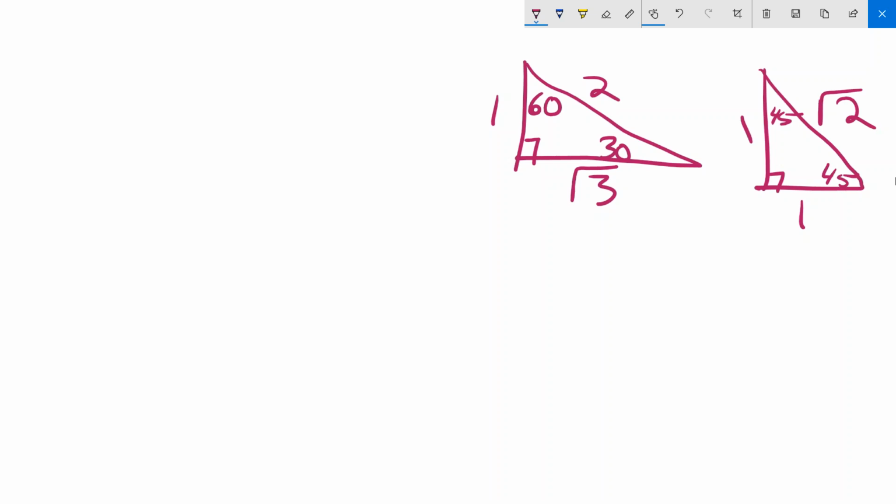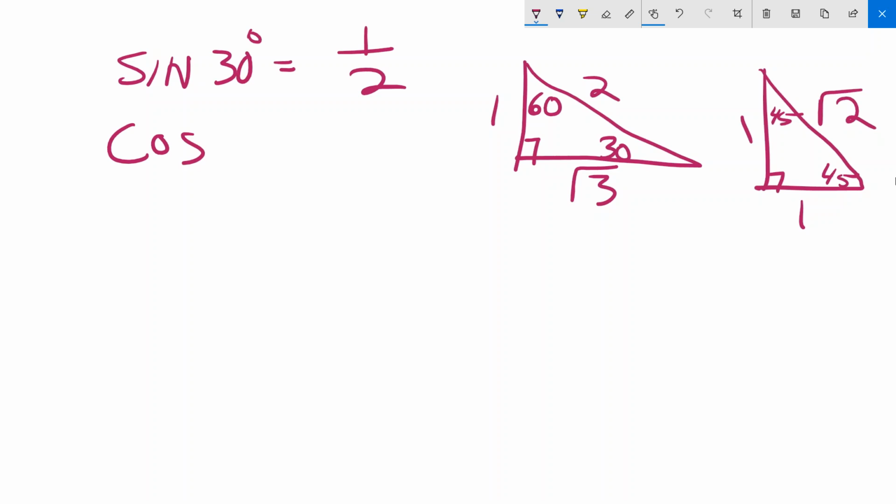So, if I said to you, the sine of 30 degrees is what? What's the cosine of 30 degrees? No, cosine of 30 degrees. Okay. So now if I said to you, what is the inverse sine of 1/2?